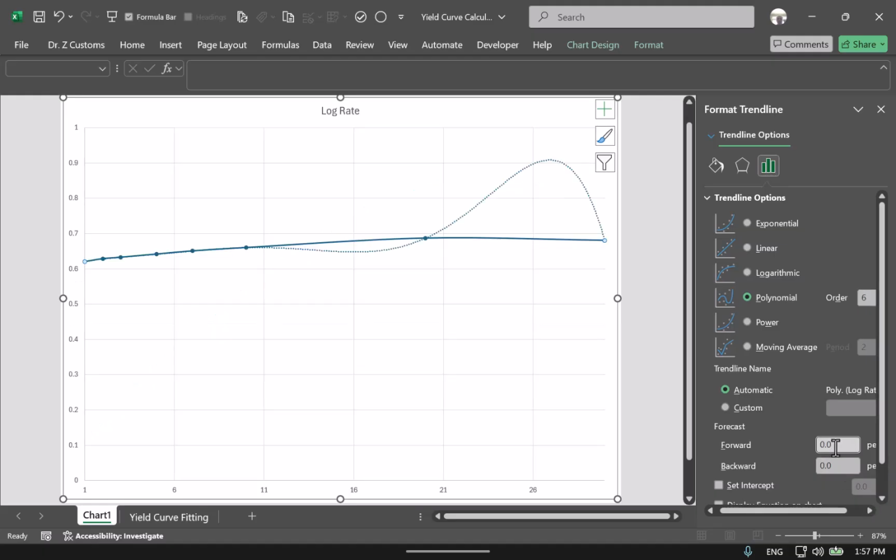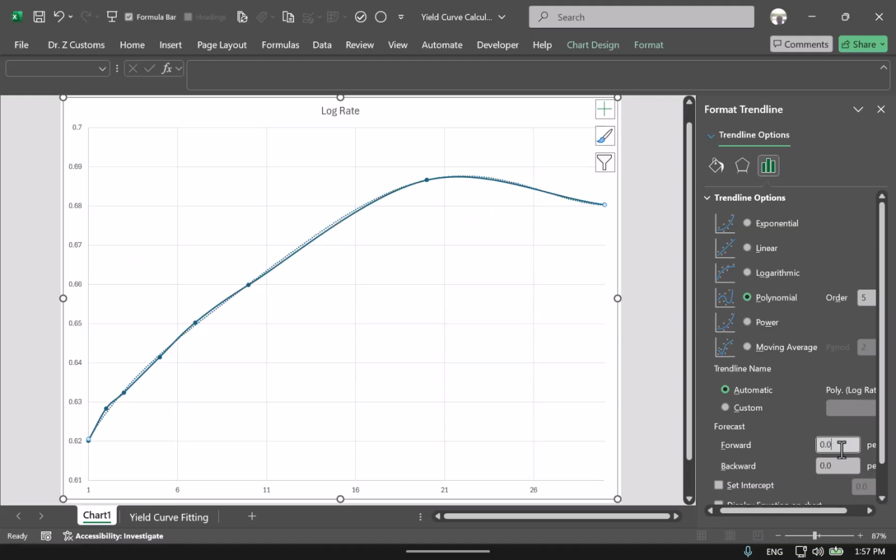No, 5 seems to be a much better fit. In practice, we have a lot more sophisticated methods, but at this point, I don't know what that equation is either.